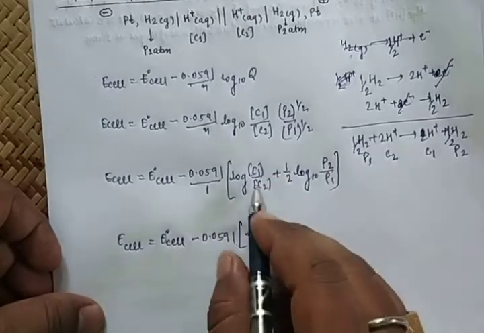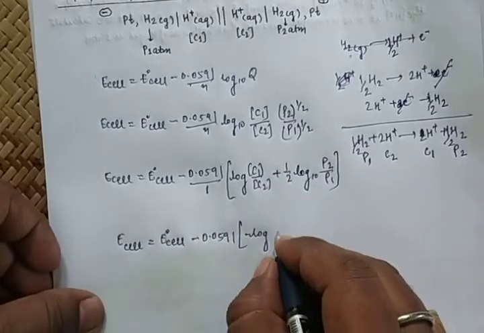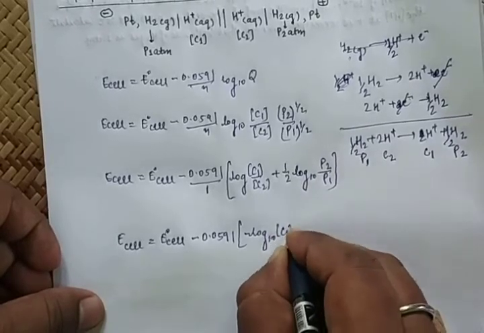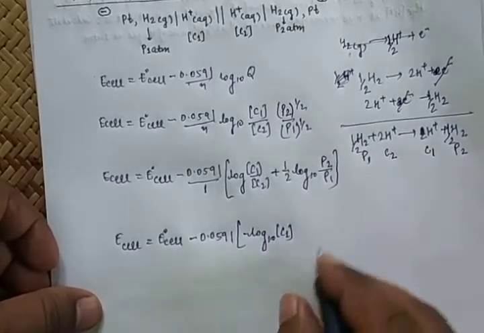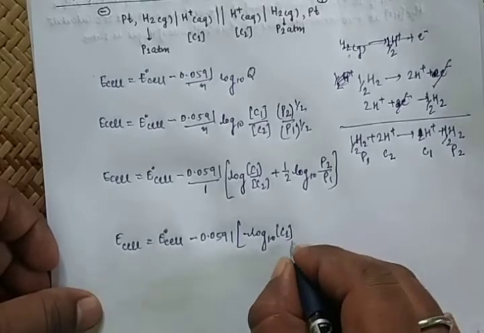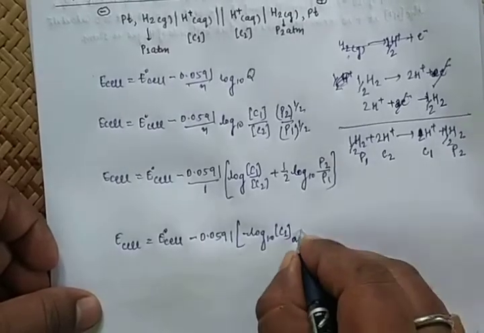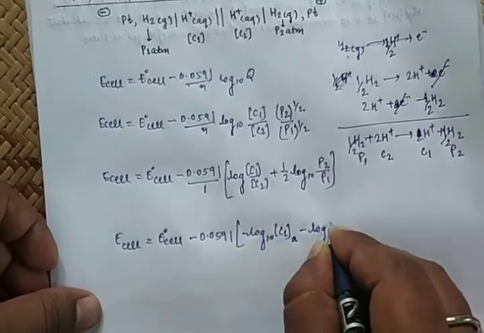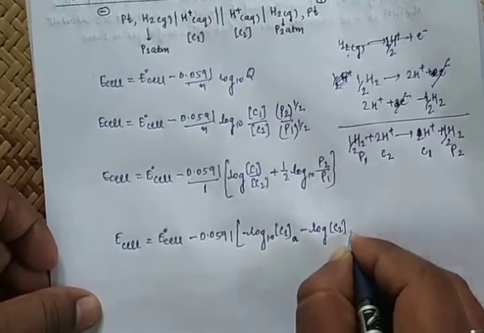So the concentration term, log of base 10 C1, this is the anode part, and minus log of C2, this is the cathode part.